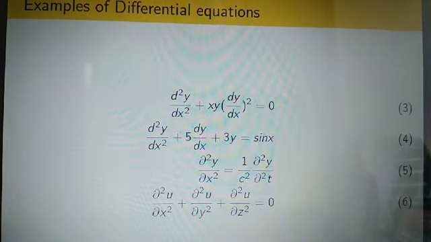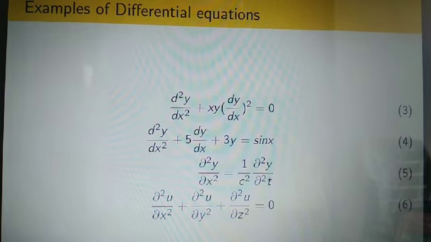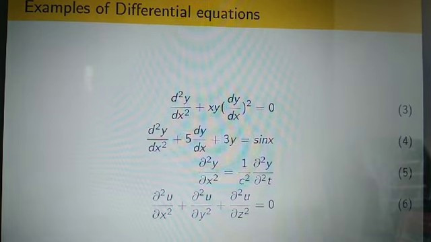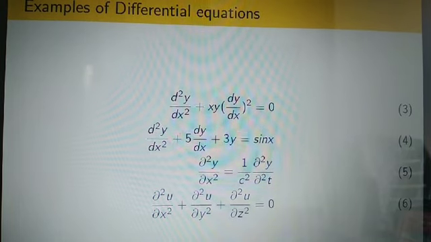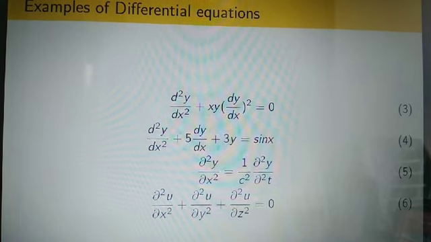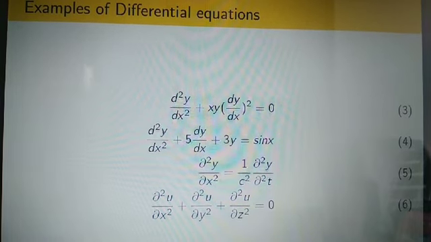And what about equation number 6? Here x, y, z are the independent variables and u is the dependent variable, and del 2u del x square, del 2u del y square, del 2u del z square occur here.